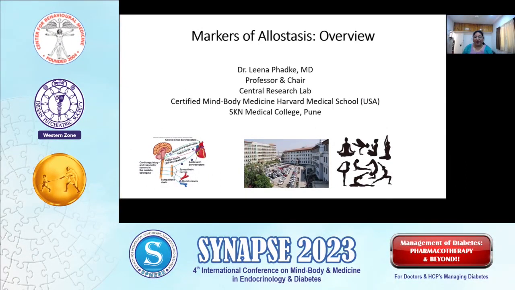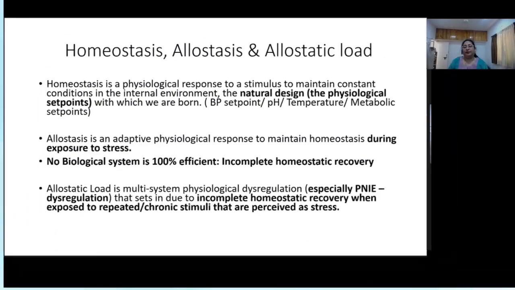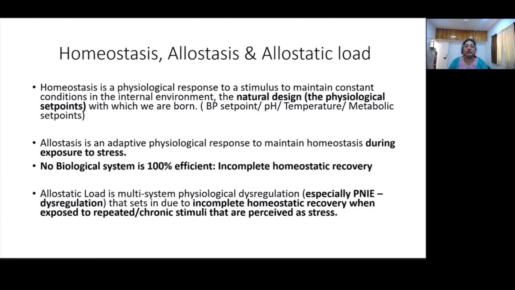So today's topic on which I'm going to speak is the marker of allostasis and the overview. So let's first begin with a little bit of theoretical concepts. All of you, right from first year, know the concept of homeostasis, which is a physiological response to a stimulus to maintain constant conditions in the internal environment.